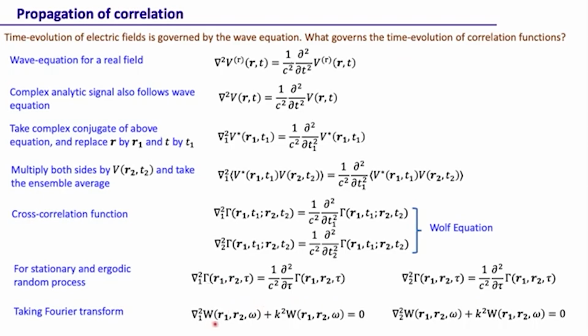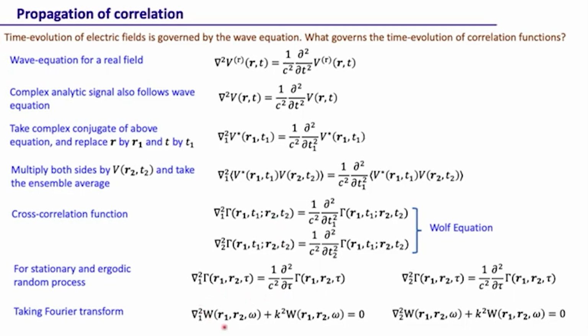But when we take the cross spectral density function, which is the correlation at a given frequency between the two field points r1, r2, this satisfies the Helmholtz equation, and two of them, because this one is with respect to r1, this one is with respect to r2. So essentially the correlation function, just like the field, also satisfies the wave equation, but in this case they satisfy a set of two equations instead of just one.